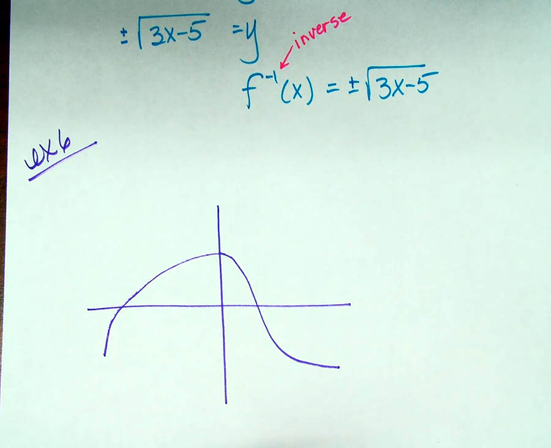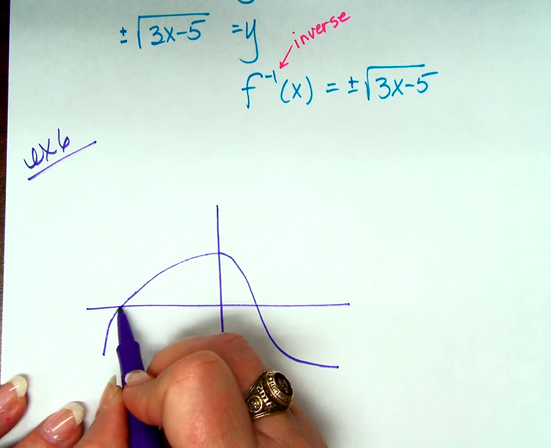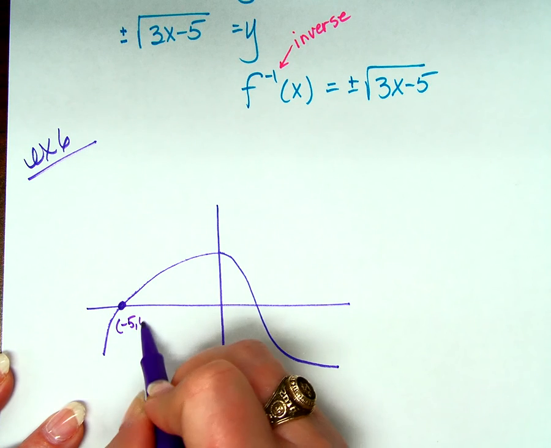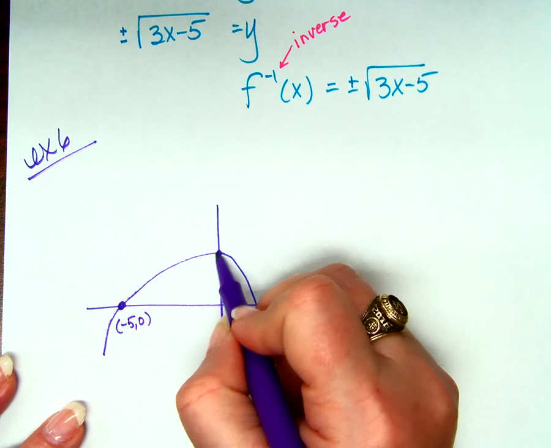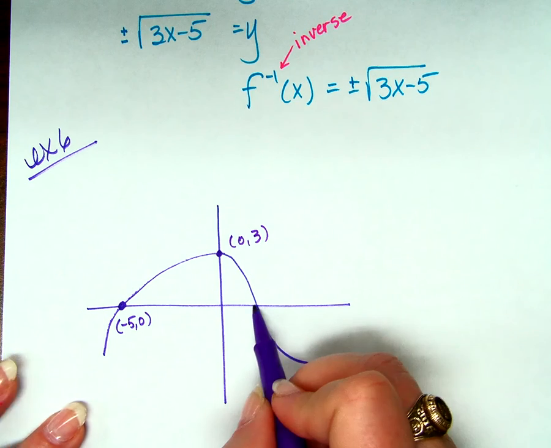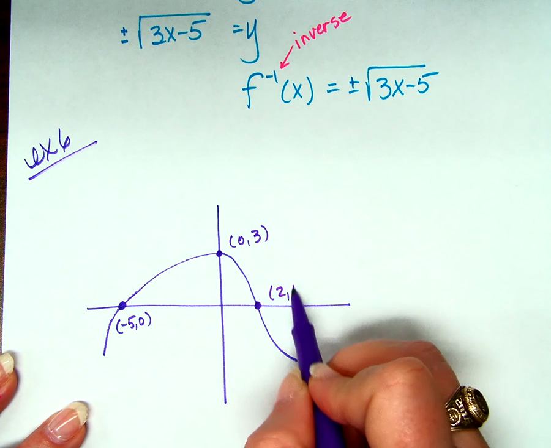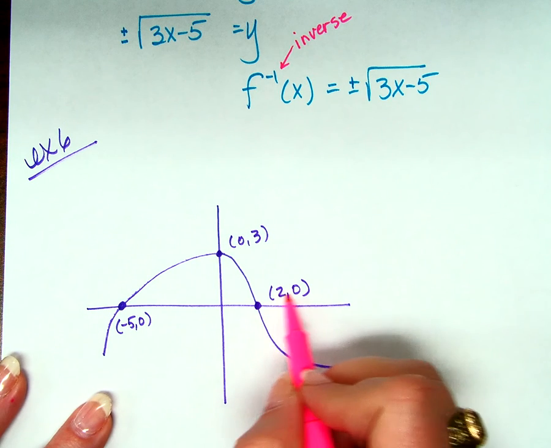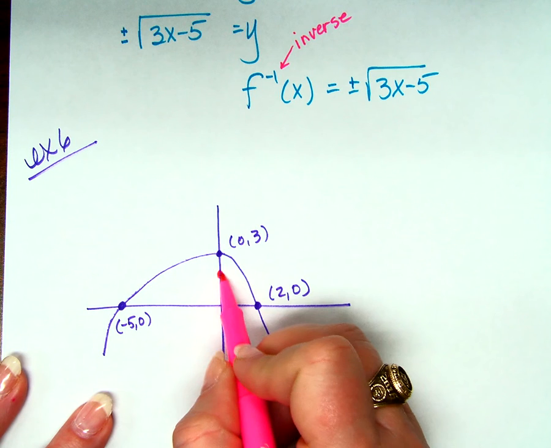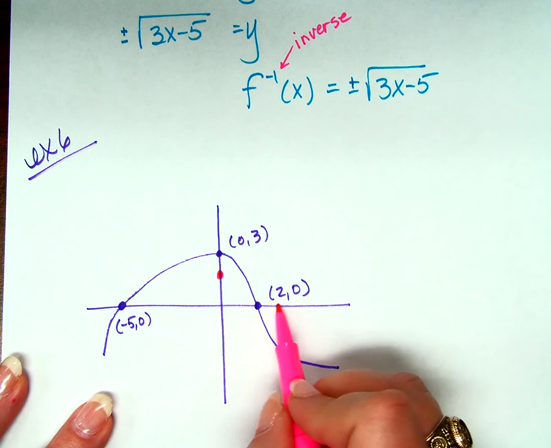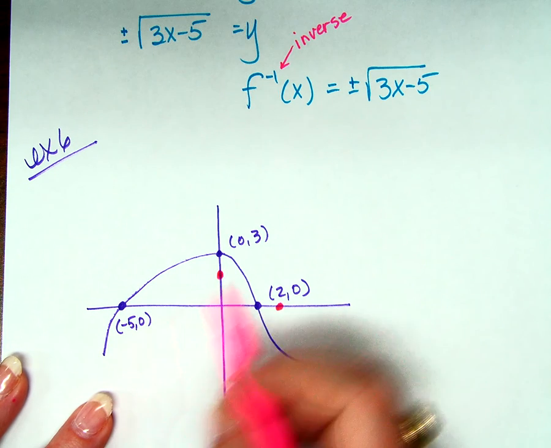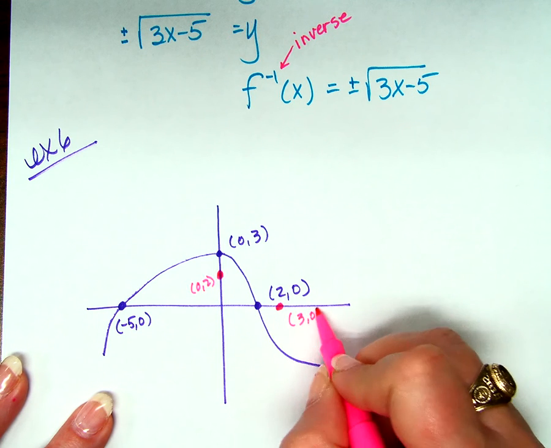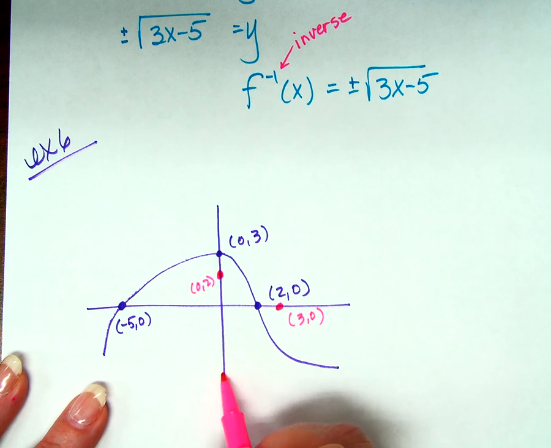In my opinion, the easy way is to find some points on this graph. Maybe this point is like negative 5, 0. Maybe this point is 0, 3. Maybe this point is 2, 0. So now the inverse of this would be 0, 2. The inverse of this would be 3, 0. And the inverse of this would be 0, negative 5.